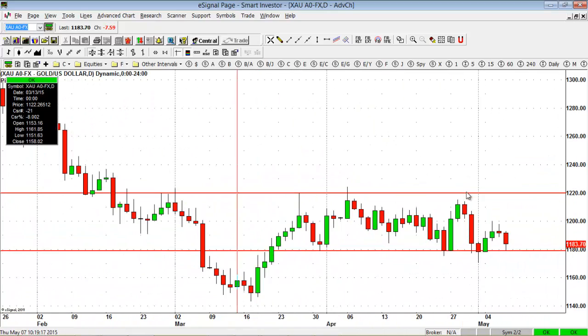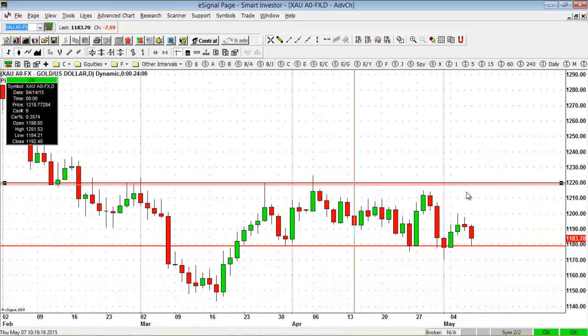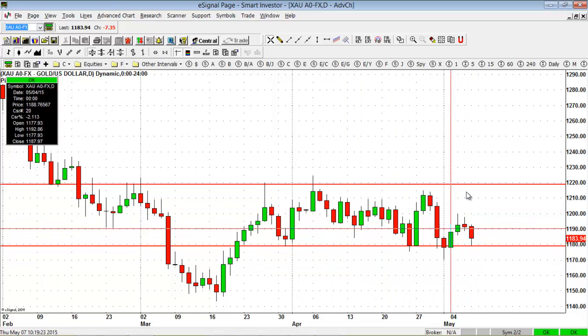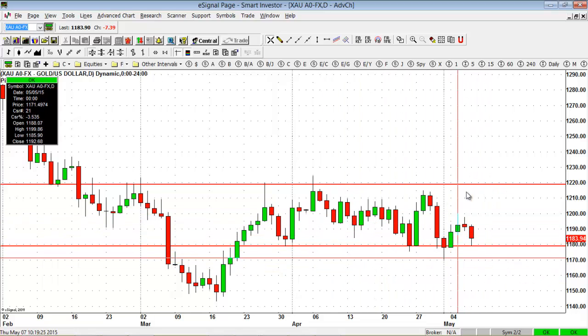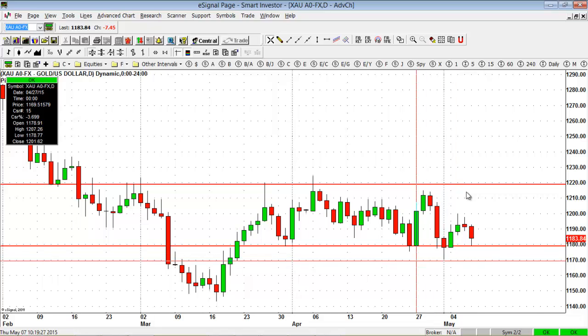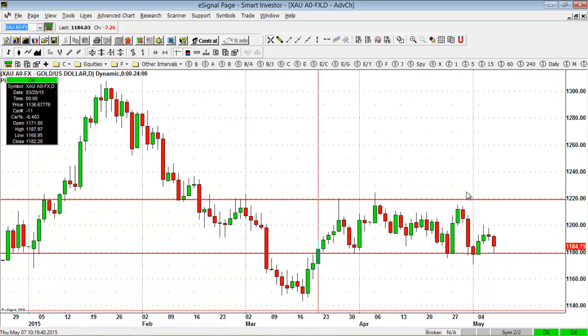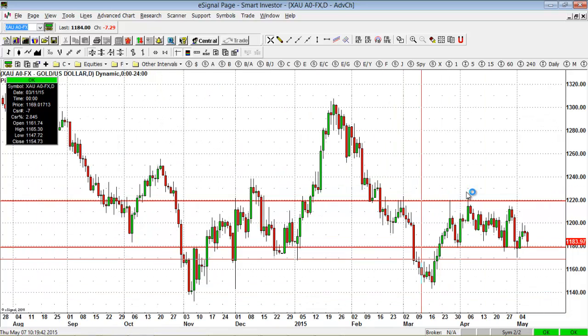So we're in a channel situation here in gold, and we're just seeing if the market can close below this 1170 area. If it does close below this region, 1170, we could set up for a test of the 1140 area, which is critical long-term support for the gold market.